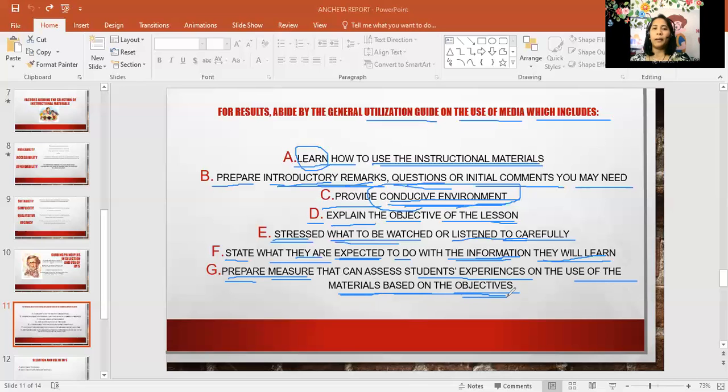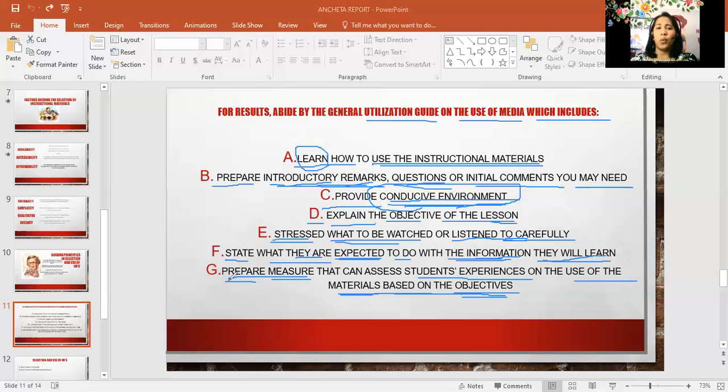For example, a quiz after you have discussed or reported something.